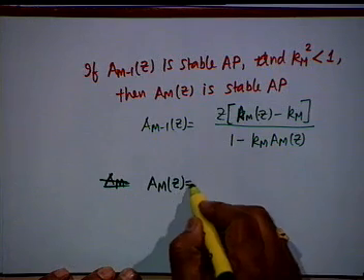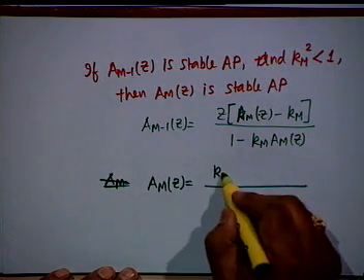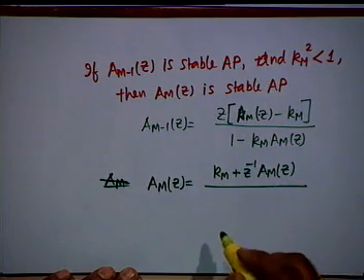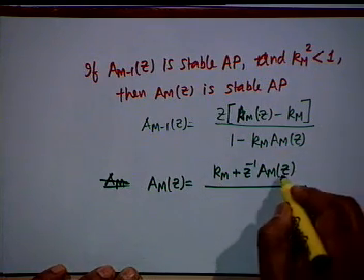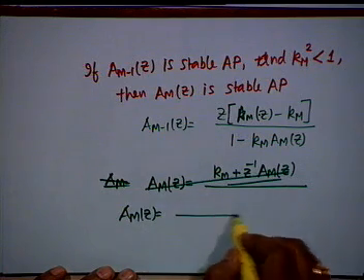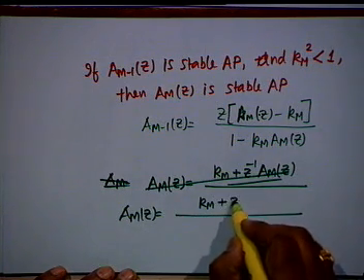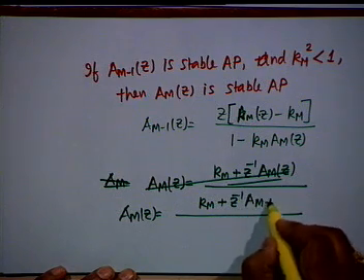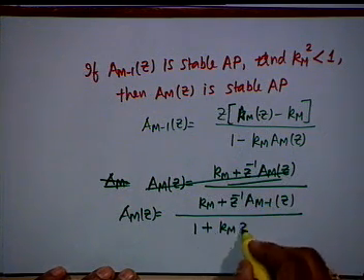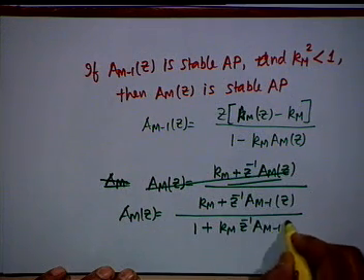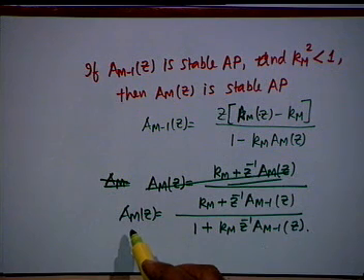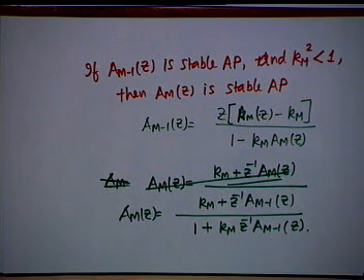AMZ is equal to, let us write it again, Km plus Z inverse Am minus 1Z divided by 1 plus Km Z inverse Am minus 1Z. We have expressed Am now in terms of Am minus 1.